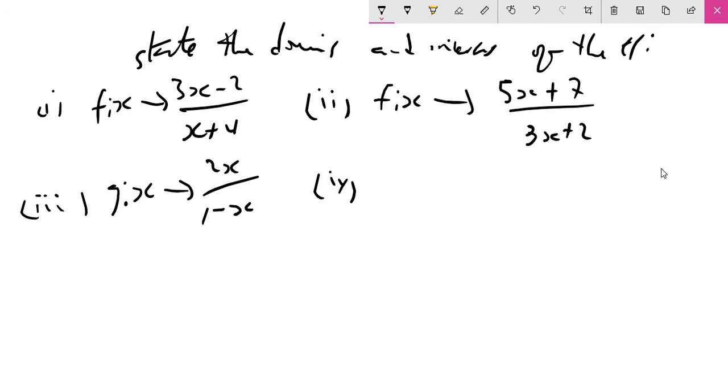And 4, g of x maps to (3x plus 2) divided by 2.